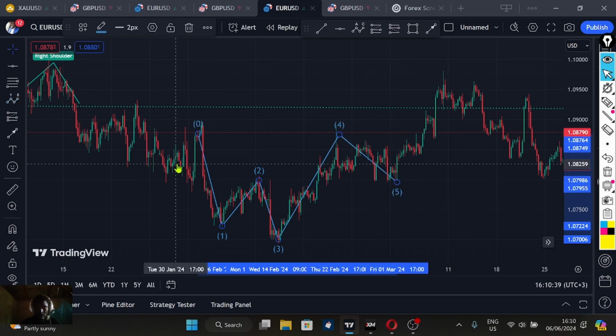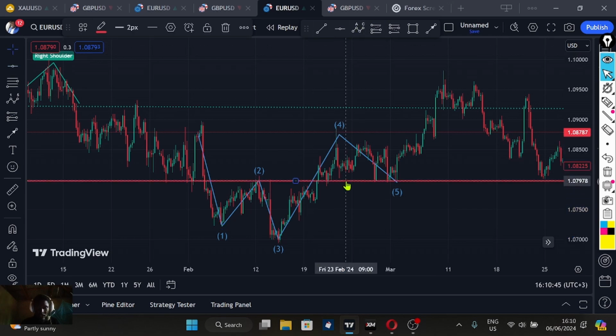Now, when we have this kind of pattern, we wait for the market to test this zone. When the market tests the zone, then reverses, we know that this is a reversal pattern.